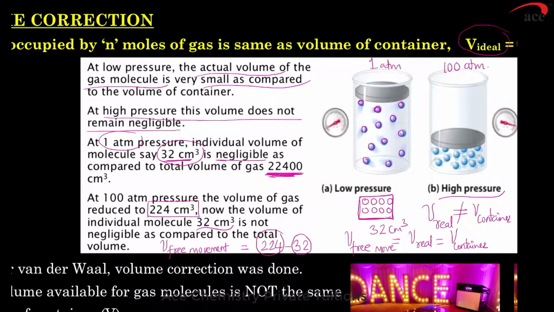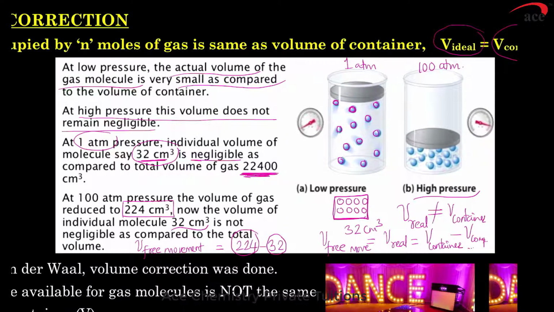Remember that. That's the volume of the container minus the volume occupied by compactly present molecules. So it is different from the volume of the container. Remember, real volume is less than the volume of the container.